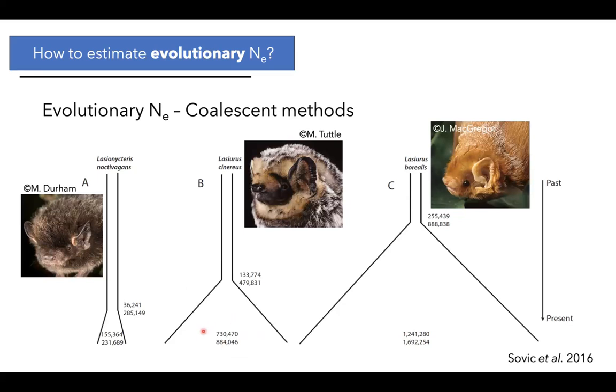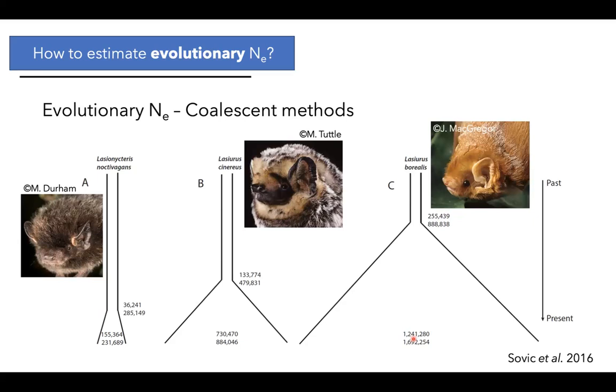Hoary bats are kind of intermediate, several 100,000. And silver-haired bats have relatively small effective population sizes. We also have estimates of the time at which this population size started growing. And notice that for each of these estimates, we have 2 numbers shown. They're actually presenting the confidence interval for these parameters, okay?